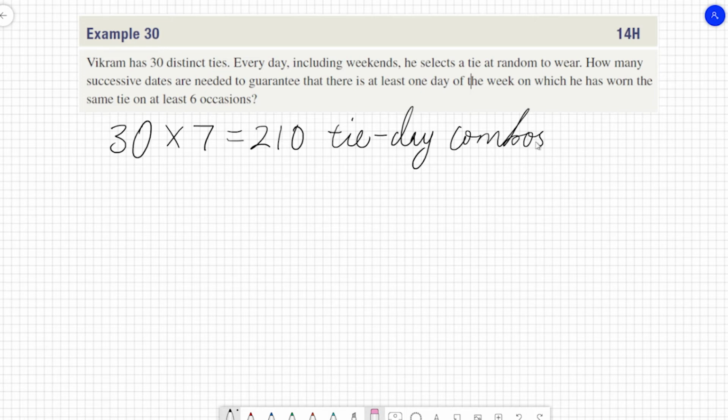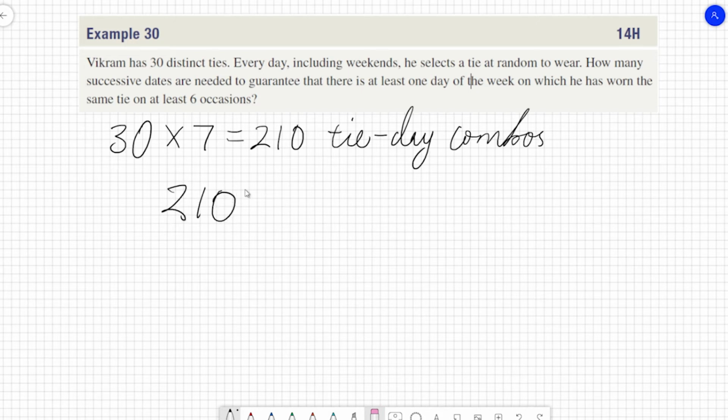To make sure a specific tie-day combo has happened on 6 occasions, that means to guarantee that at least one tie-day combo has occurred 6 times, we have to make sure that every single other tie-day combo has occurred 5 times.